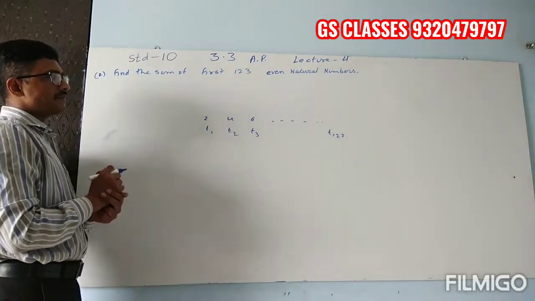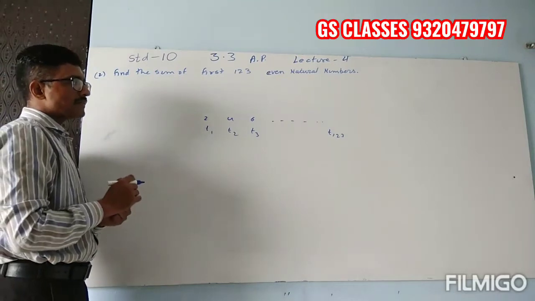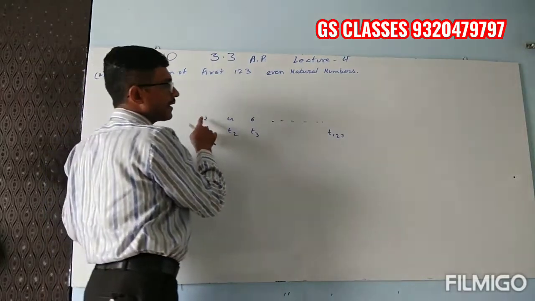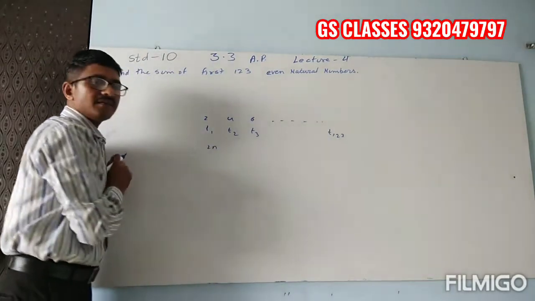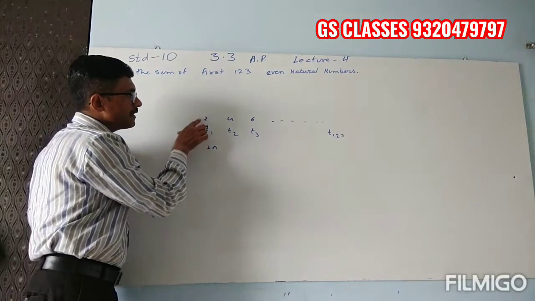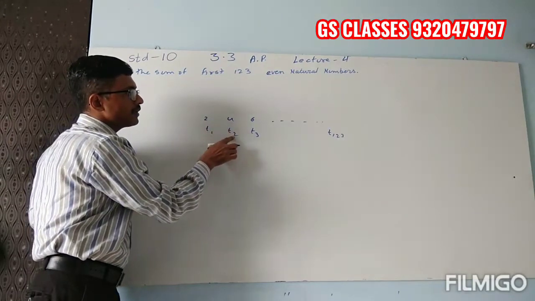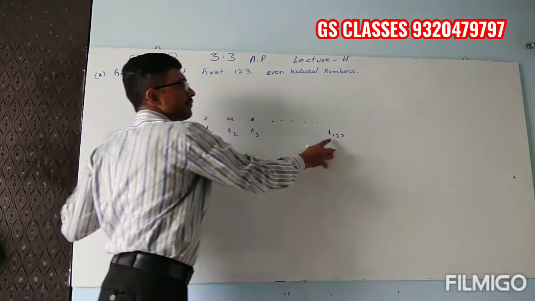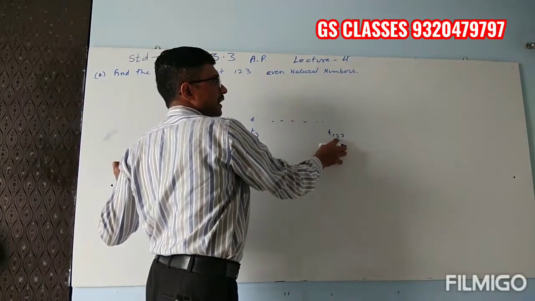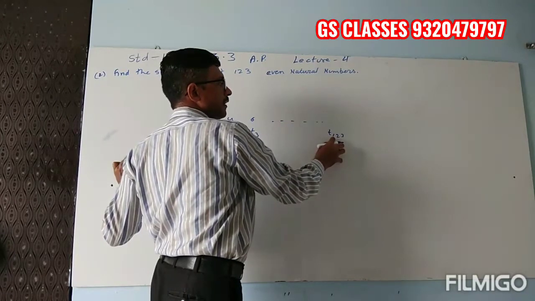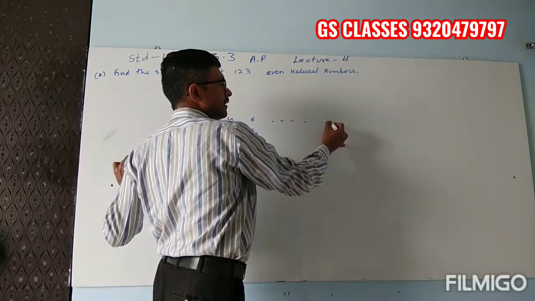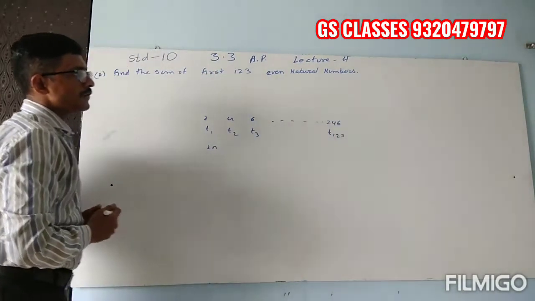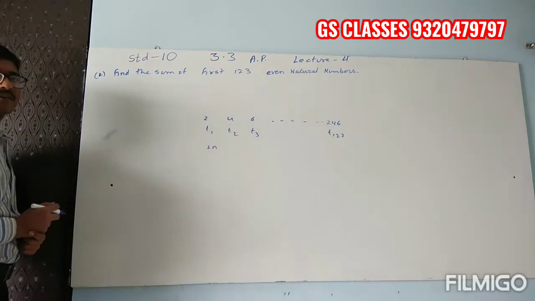And children, one thing you must notice, every term is obtained by writing 2n. If first term is 2, second term is 4, third term is double of 3, so definitely last term is going to be double of 123, that is 246. So here we are getting our sequence.